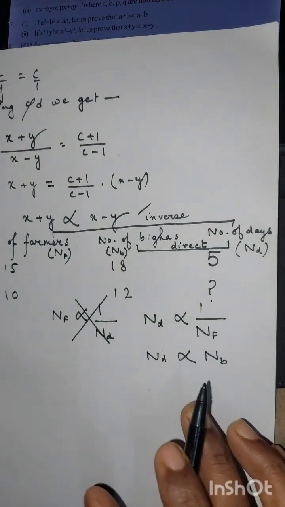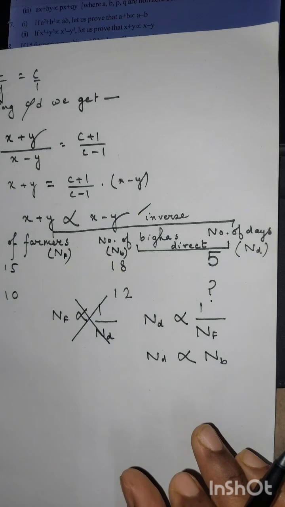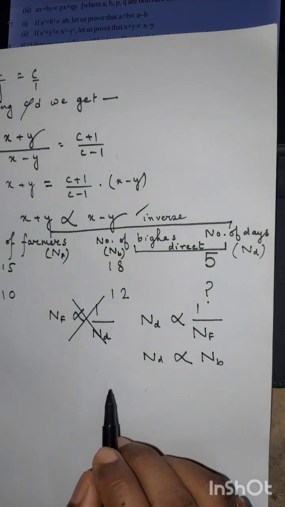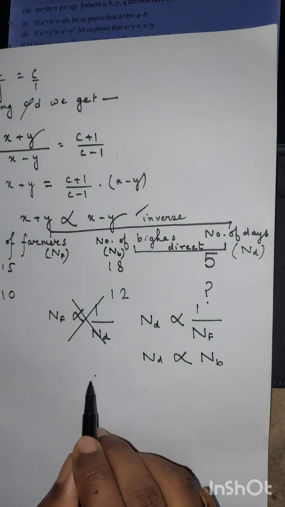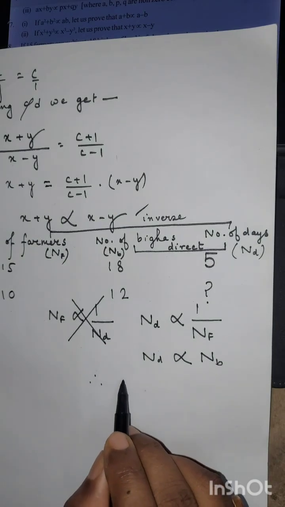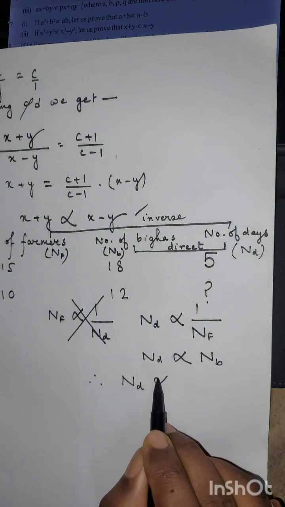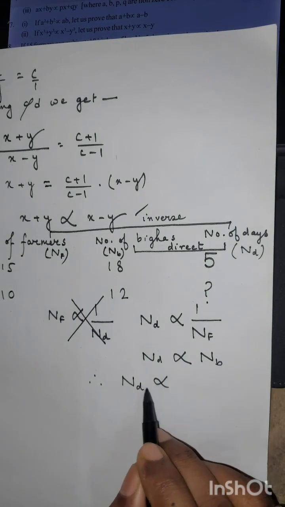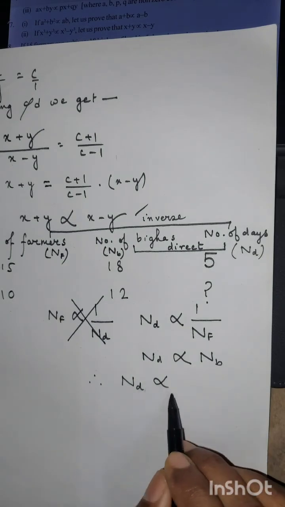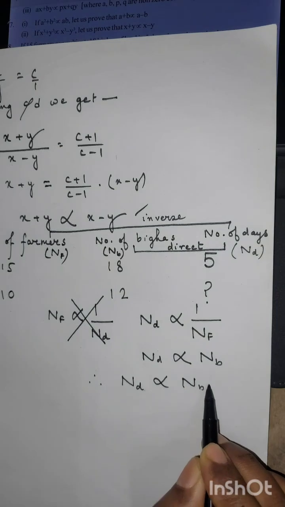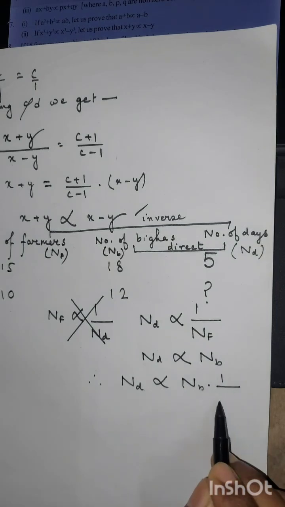Now if we combine these two relations, we get number of days varies as NB into 1 by NF.